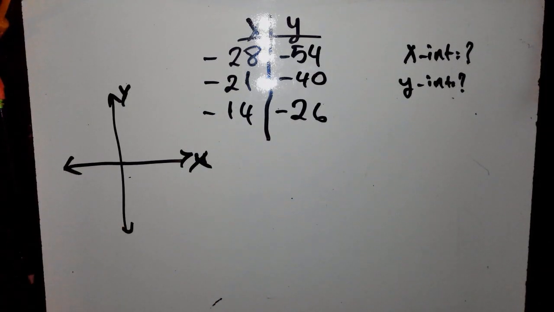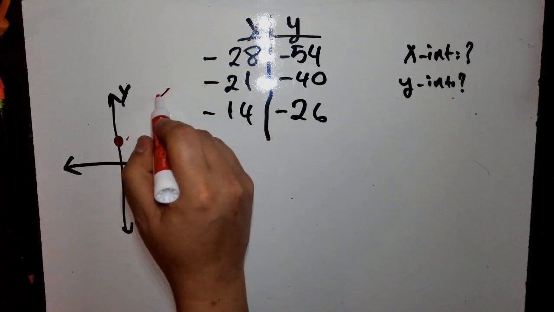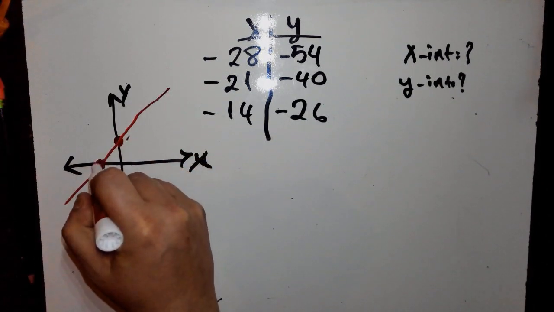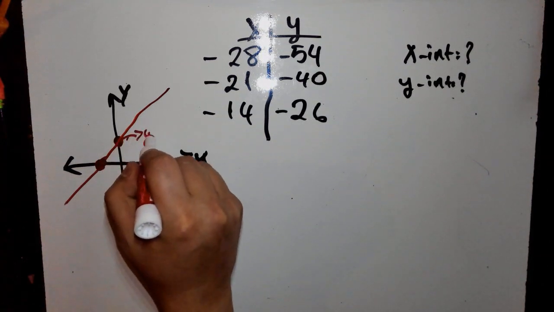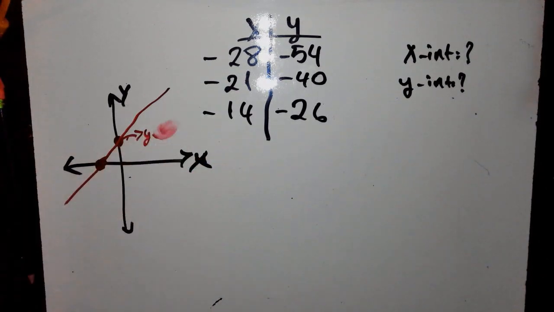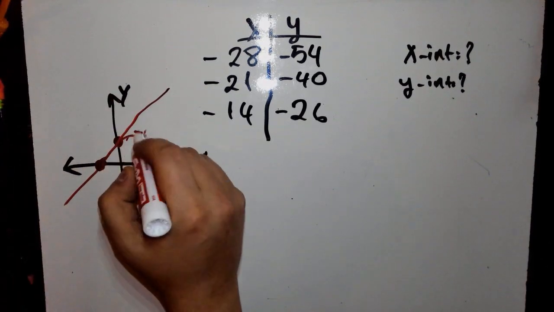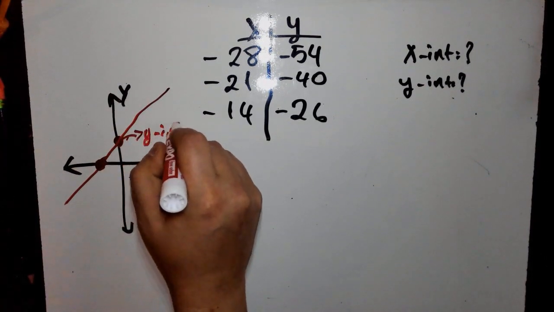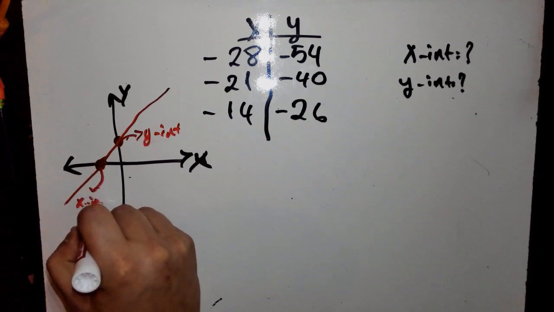Let's make a line, a y-intercept, and an x-intercept. This is my y-intercept, and this is my x-intercept.